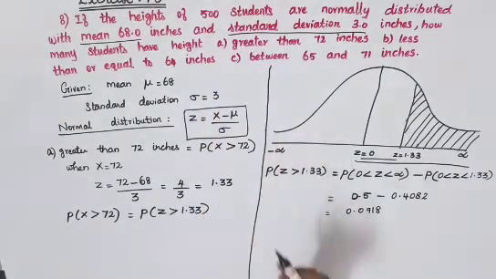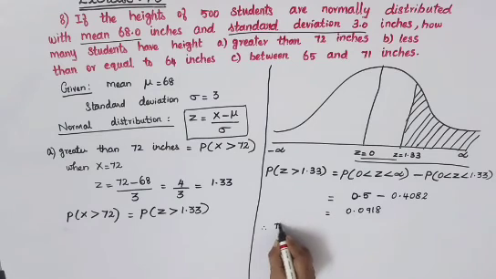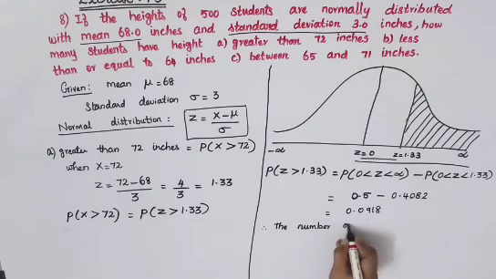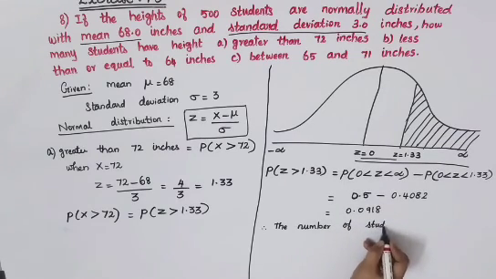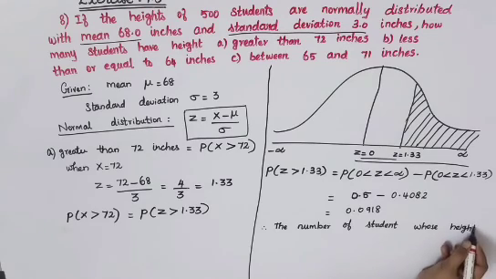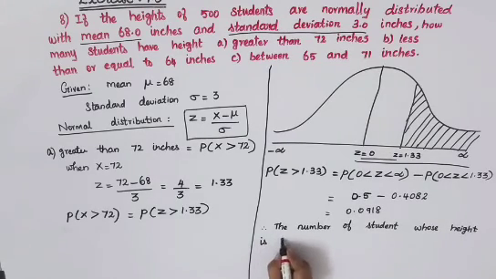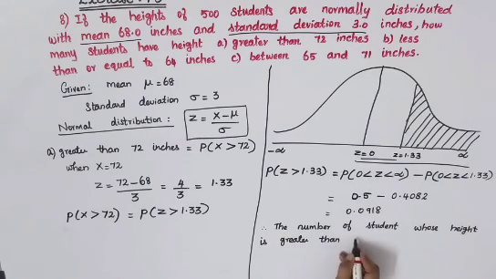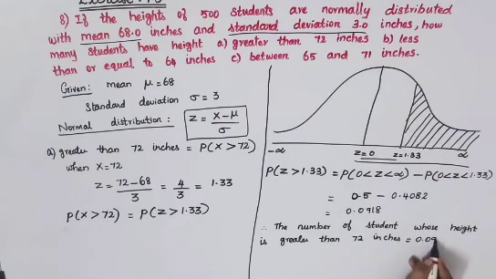It is given 500 students, so for 500 students we will have to find it. Therefore, the number of students whose height is greater than 72 inches is 0.0918 times 500 students.